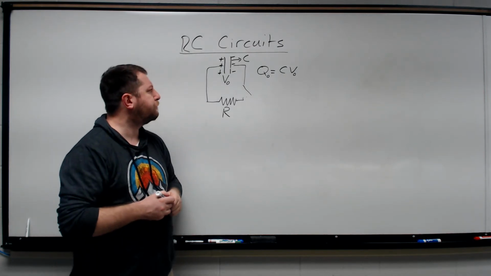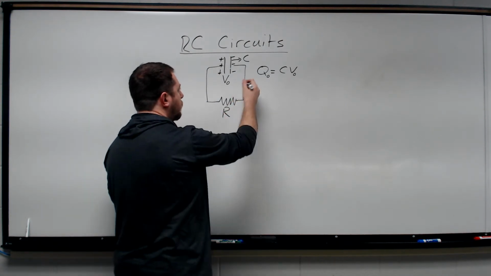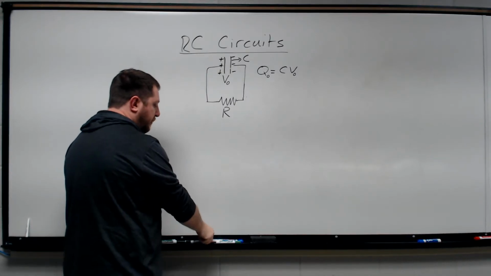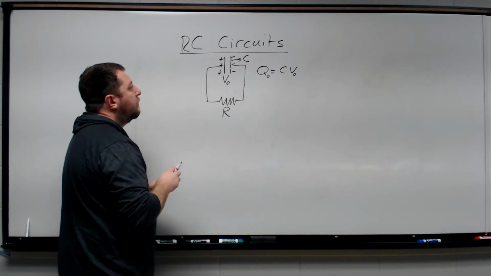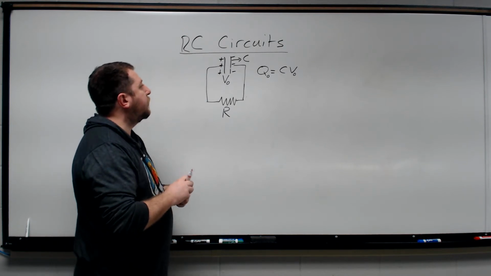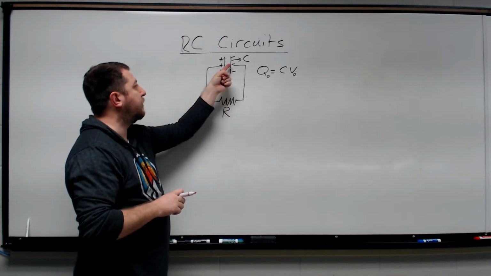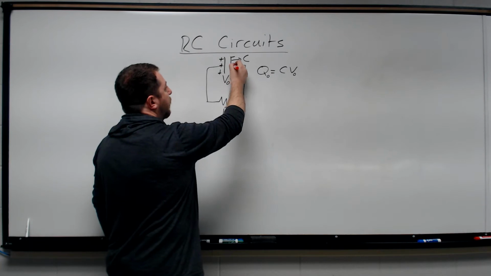What do we do? Well, when I close the switch, I'm going to draw the direction of the flow of the electrons. Conventionally, we define current as the flow of positive charge, so positive charge would flow this way, but I'll draw the flow of the negative charge.